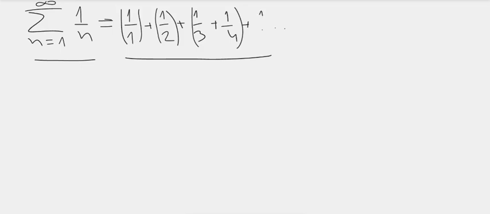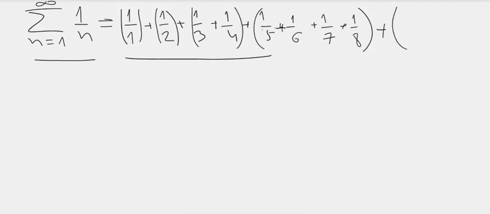Let me write them. So it will be 1 over 5 plus 1 over 6 plus 1 over 7 plus 1 over 8. So we group this together. Then we group the next 8 terms. So it would be 1 over 9 plus 1 over 10 and so on.